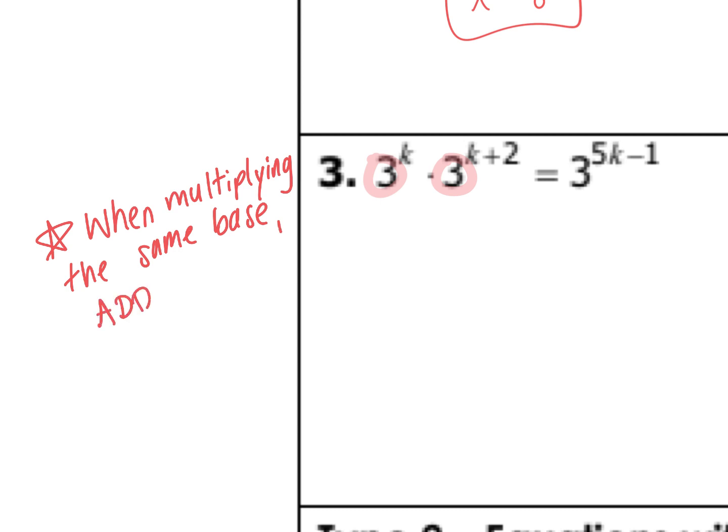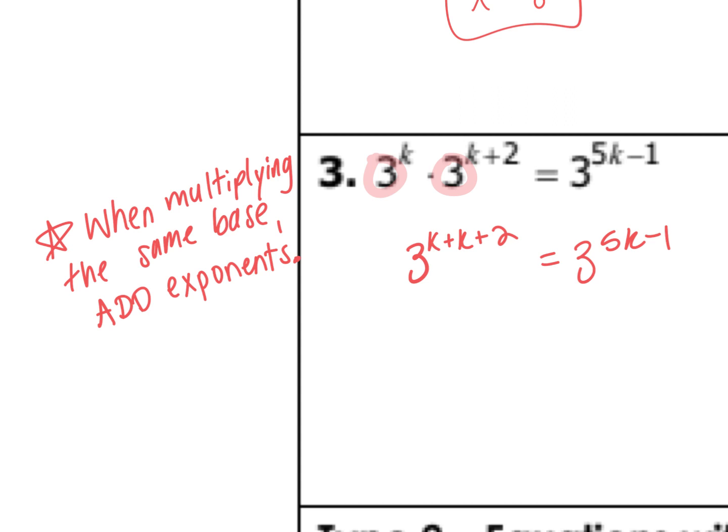Yes, if you are multiplying the same base, you can add the exponents. Perfect. So on that left side, I keep the base of 3, and then I literally can just add k plus 2, right? And then can I do like what I did in number 1 and 2?